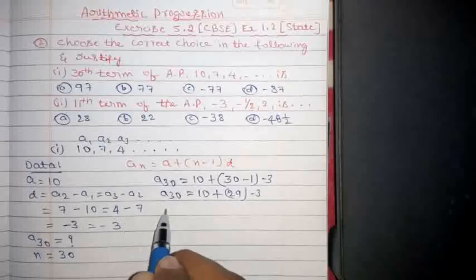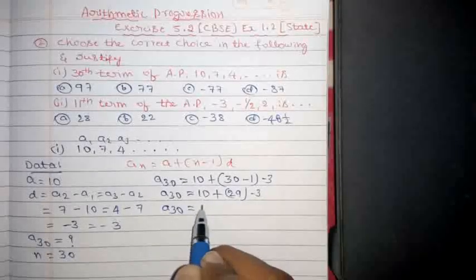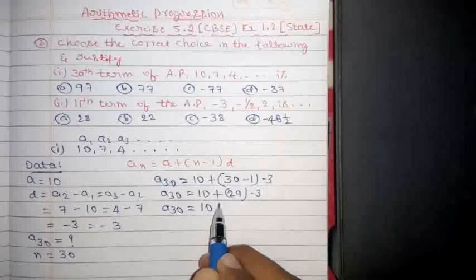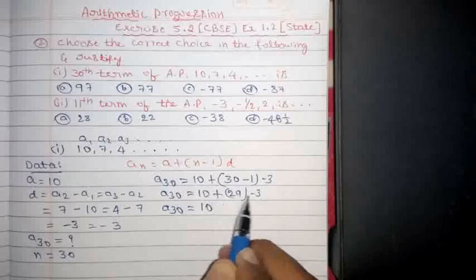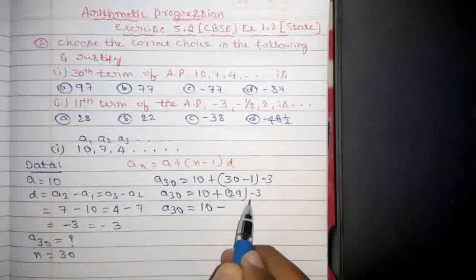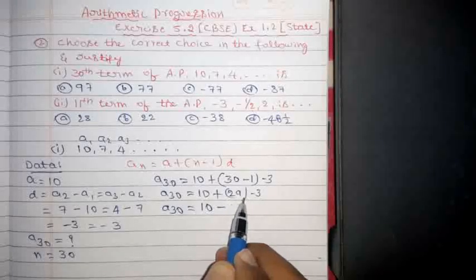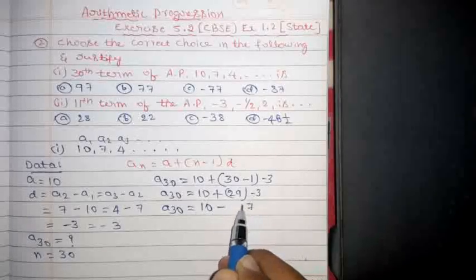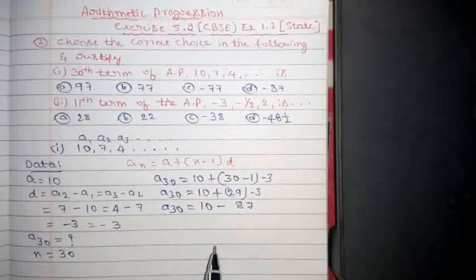Now you need to multiply the numbers and also the symbols. Plus into minus is minus. Now 29 threes are, 9 threes are 27, 7 and 2 threes are 6 plus 2 is 8. So therefore minus 87.